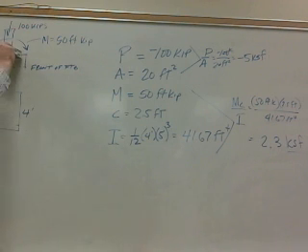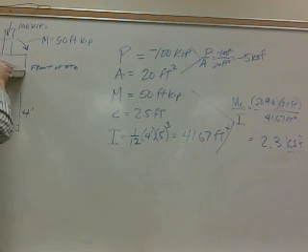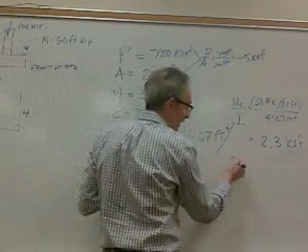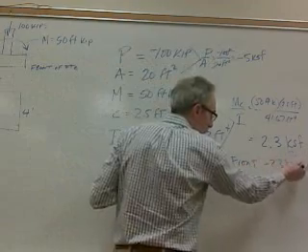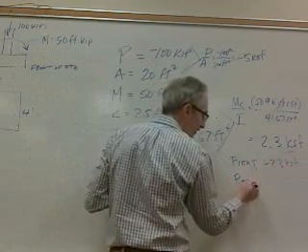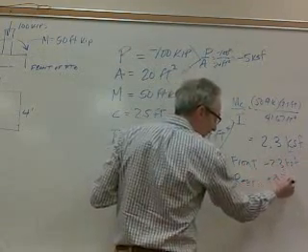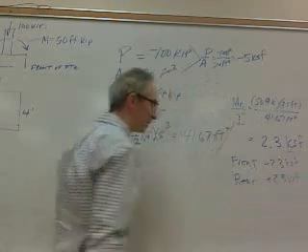Because I'm rotating it this way, so this front part is going down into the soil. So the front is actually a negative 2.3 kips per square foot, and the rear is positive 2.3 kips per square foot.